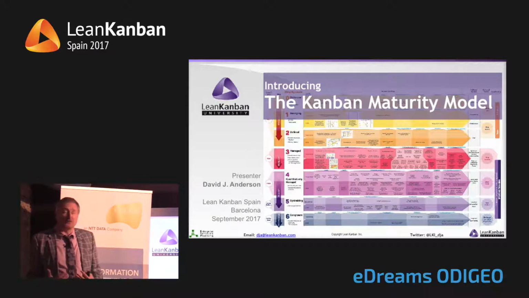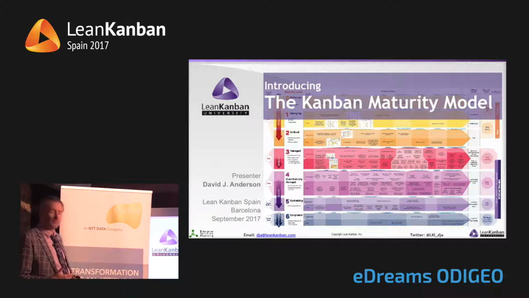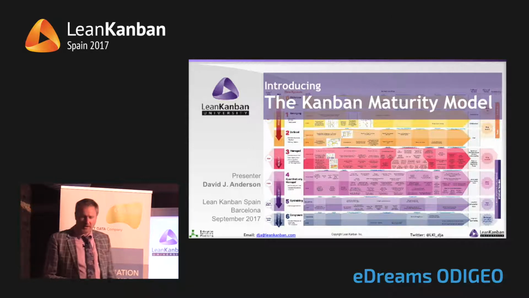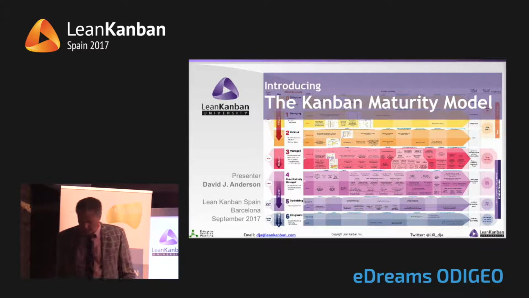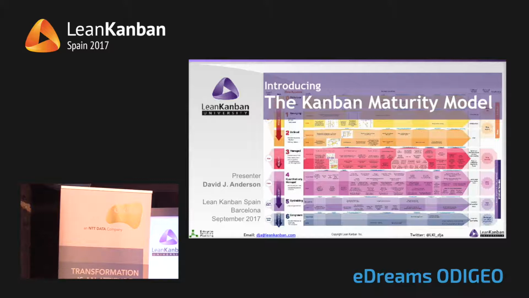In order to do that, we're introducing something called the Kanban maturity model, and I'm going to explain what that is and where it came from. My understanding is that you have a copy of the little poster in your bag. This one, right? You might find this useful as we go through this.